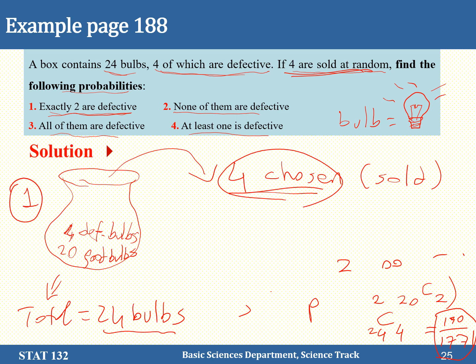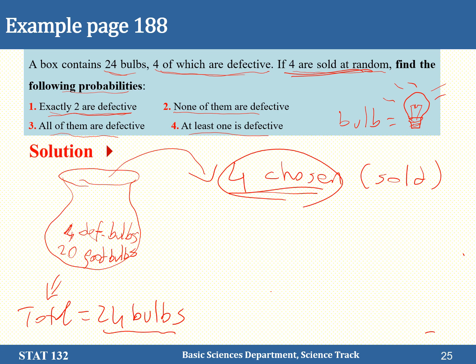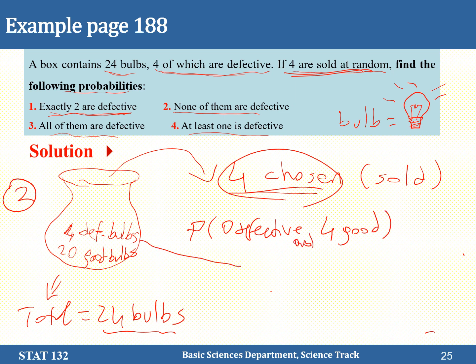So the second case is none of them are defective. So we are looking for 0 defective and then 4 good bulbs. So from here we choose 0, and from here we take 4 of them. So what's the probability?